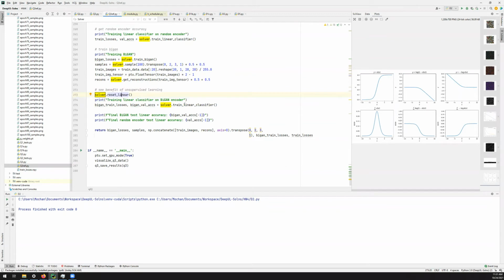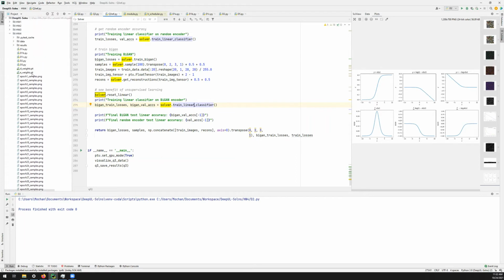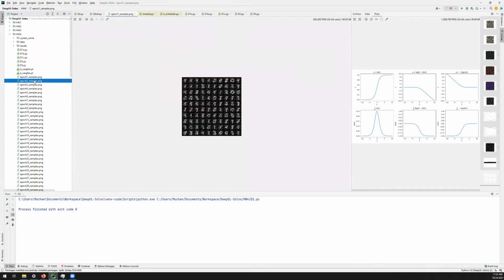And then we do the same again with the train classifier, but now our encoder is trained. And then this is just setting it up. So we ran it for 100 epochs, and there's 100 images that it created. So over time, this is what it looks like. It does take a while to run through.